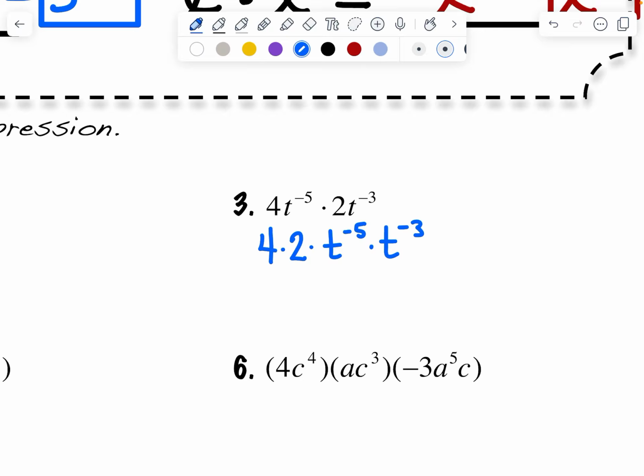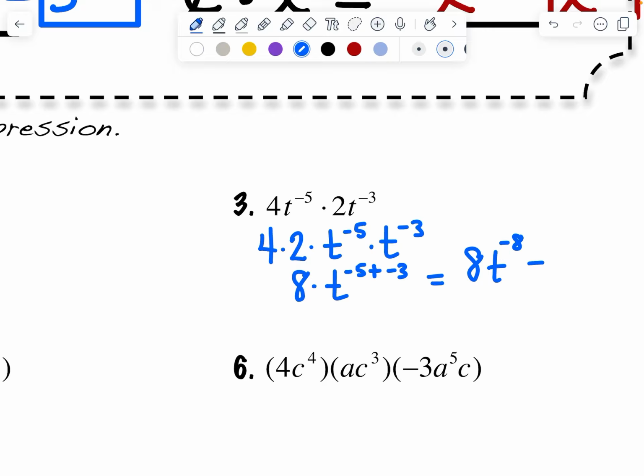Same thing. So when we change the order, it helps our brain kind of catch up with what's going on, and we multiply regular numbers. We get 8 times, and then we have t to the -5 times t to the -3, so we add the exponents: -5 plus -3. And so we end up with 8t to the -8.